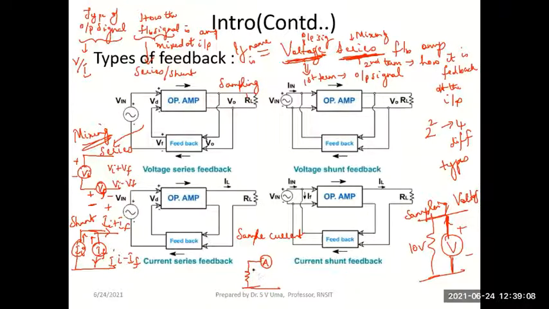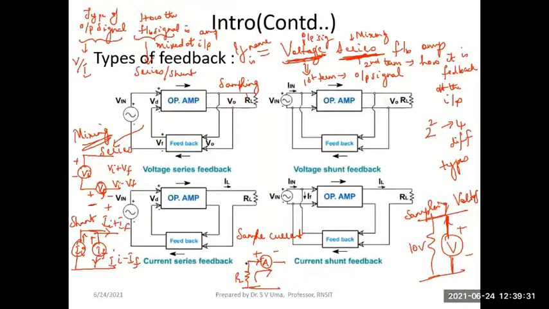Is it across or is it in series? In series. The ammeter should be connected in series if you have to have the same current flowing in the ammeter, whichever flowed in the resistor or the circuit.